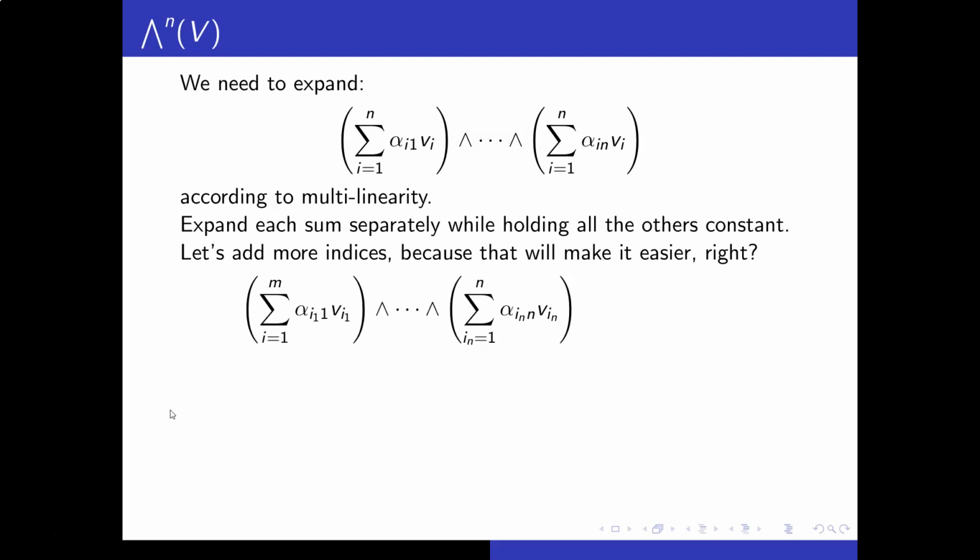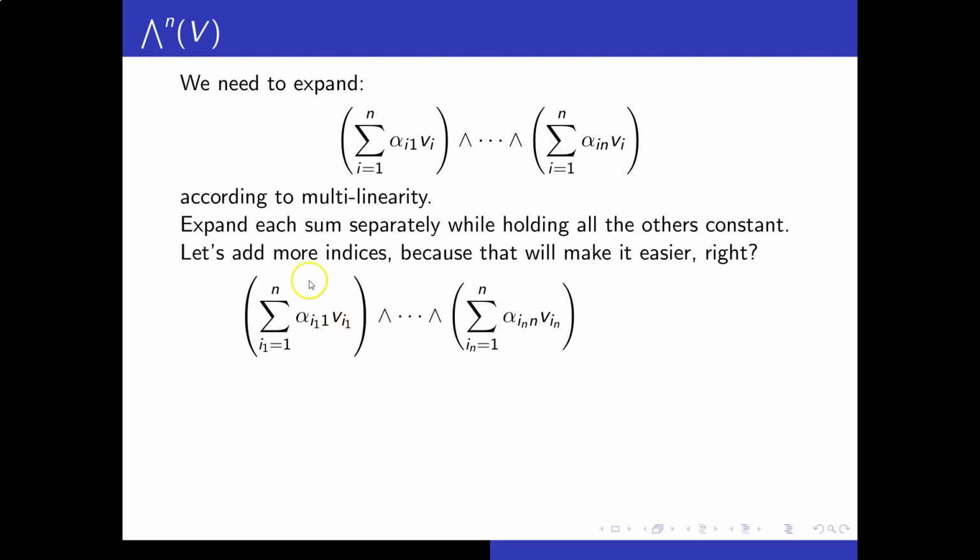Okay, so I'm going to now sum over, everything in the first component, I'm going to give an index of I sub 1, everything in the nth component, an index of I sub n. All right, and I start expanding. Well, that means I'm going to get an n-fold sum of n-fold sums.